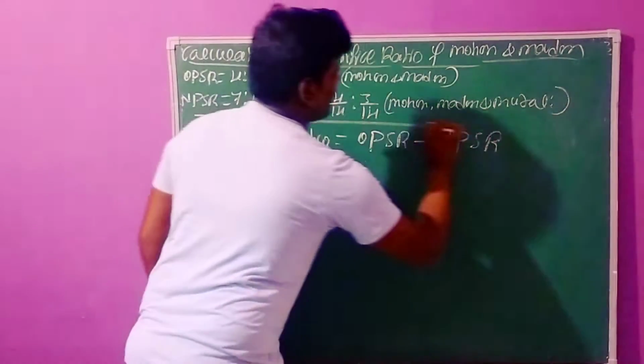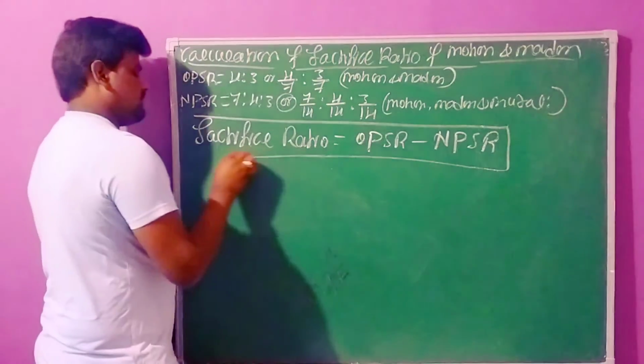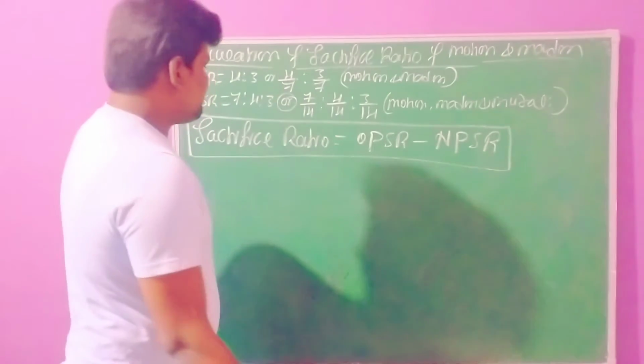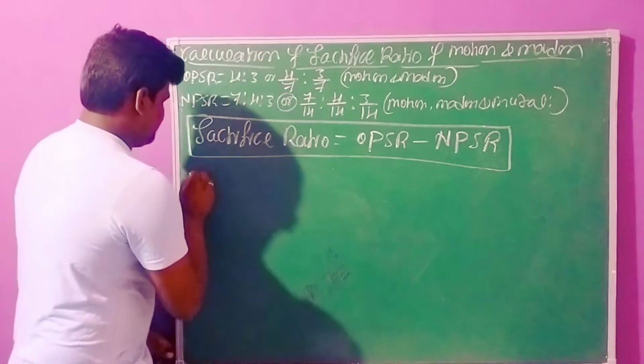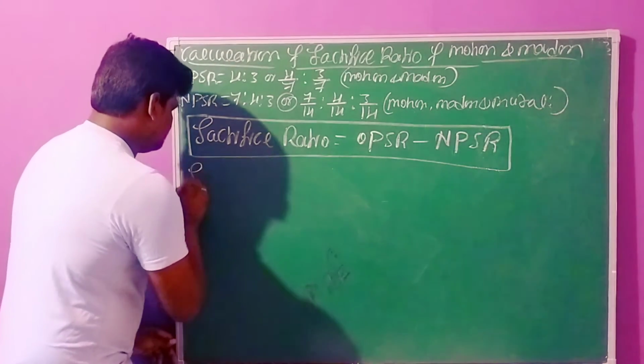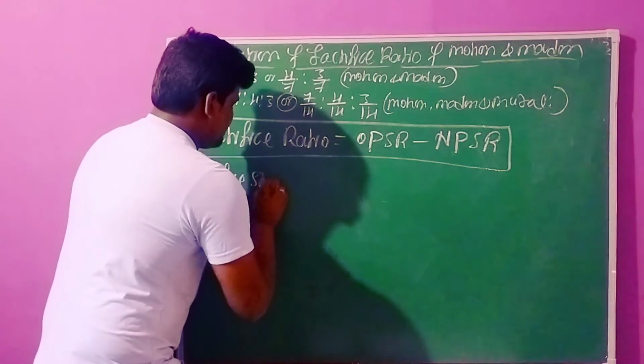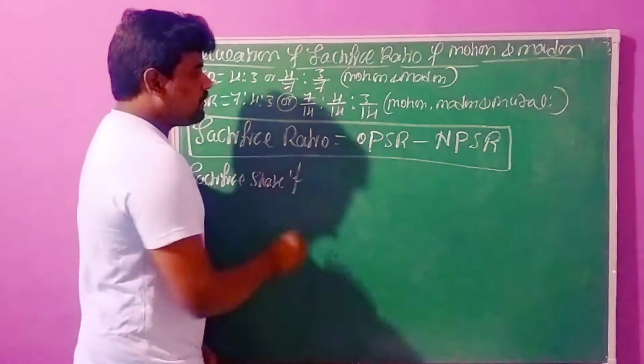This is the formula for the calculation of the sacrifice ratio or share. The first person, Mohan, right? First we need to calculate the sacrifice share of Mohan.